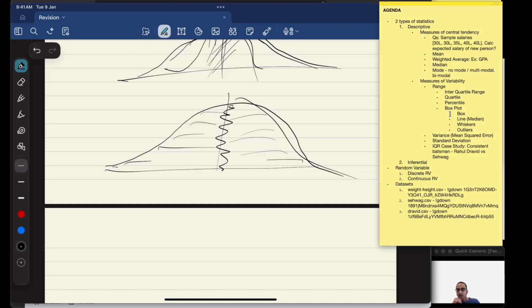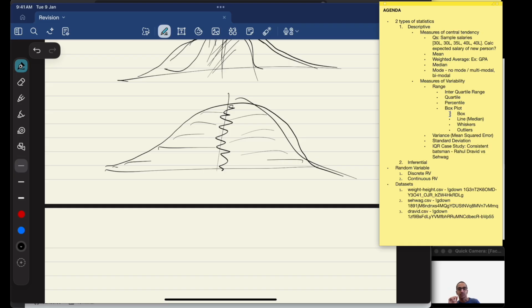Now you want to know what is the typical, average height of a citizen in this city. That is where you can find out using mean, these central tendency methods.